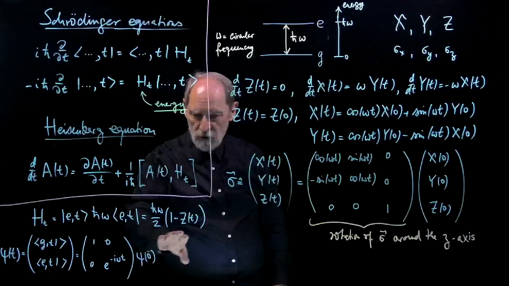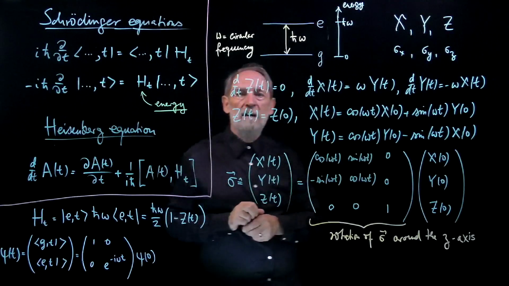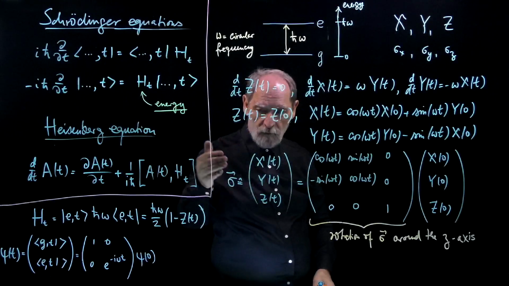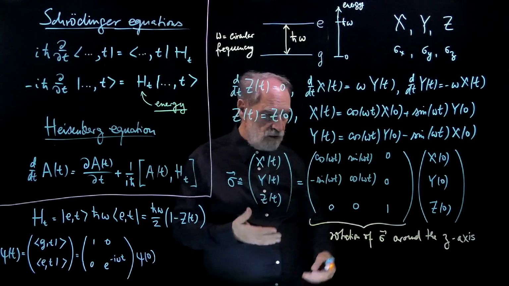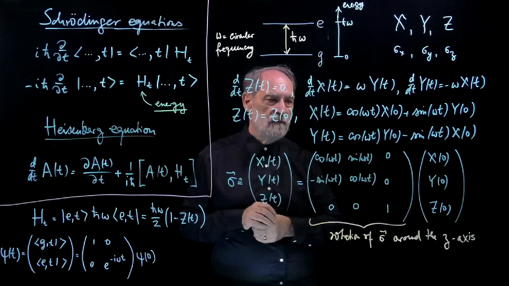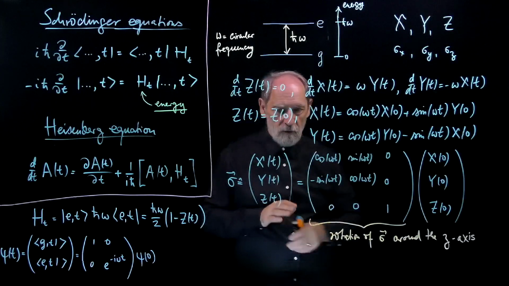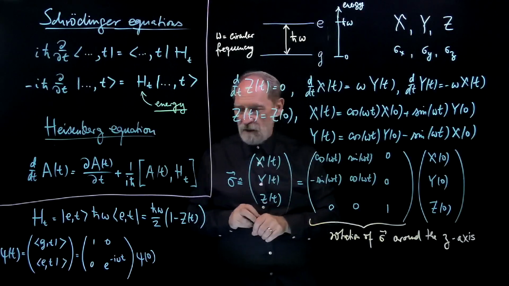We have a Hamilton operator that involves the z operator only, and as a result, the time dependence of the full Pauli vector operator with components x, y, and z is just a rotation of the vector around the z-axis. So now we will see how all of these things go together and are consistent.